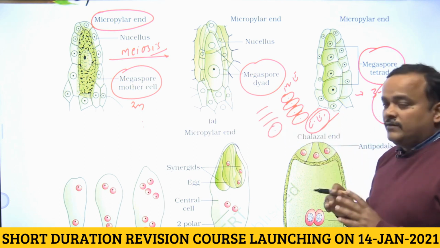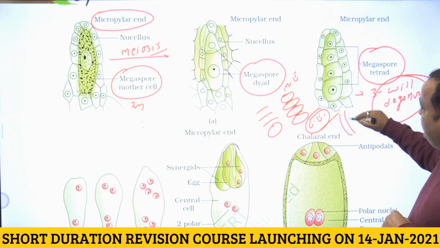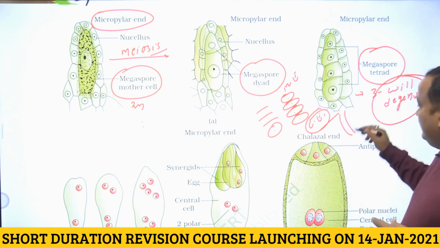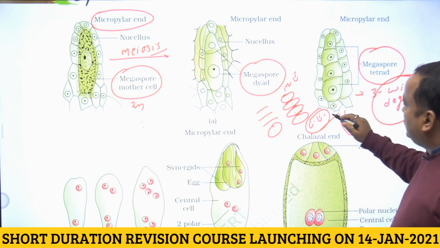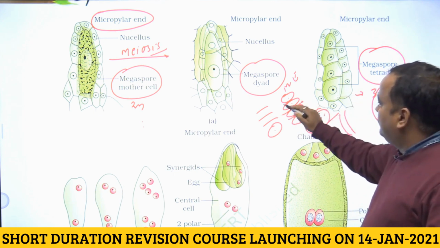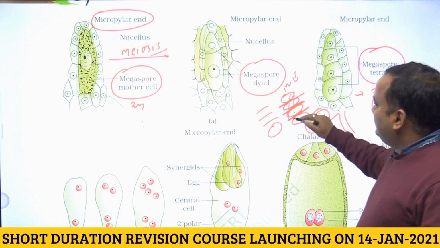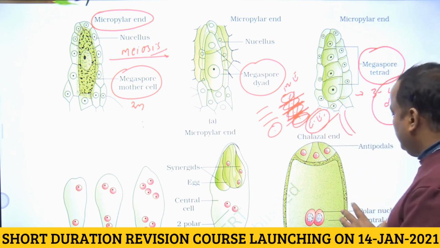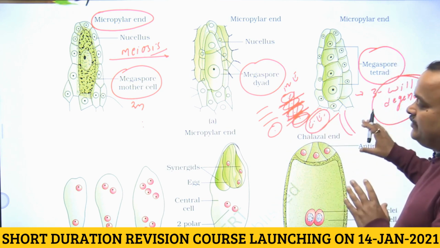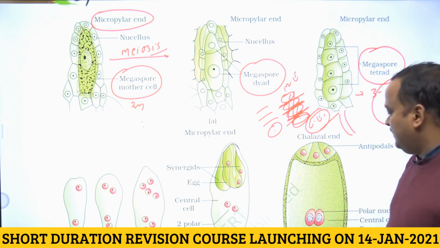Why does this happen? Because the vascular supply, that is xylem and phloem, the supply for water, minerals and food, will enter through the chalazal end. So the supply for these 3 will be cut off. They will not get water, minerals and food, and as a result they will degenerate. Only this one will remain functional. So this is megasporogenesis, that is production of megaspores from the megaspore mother cell.